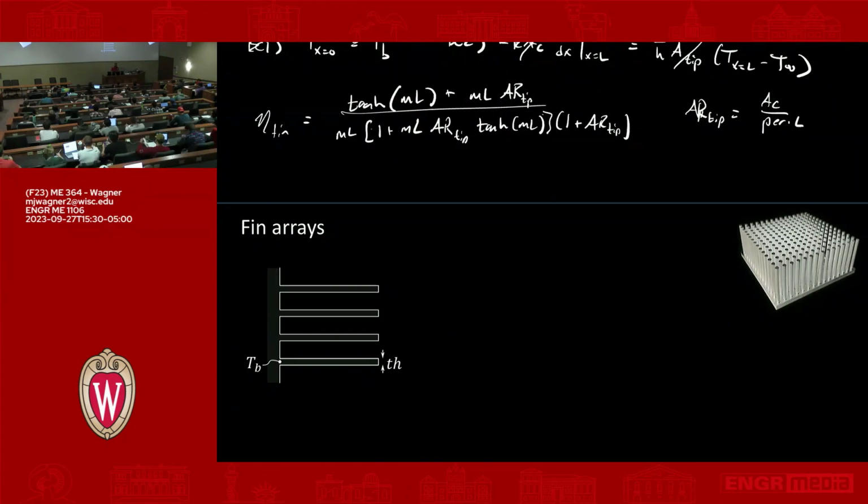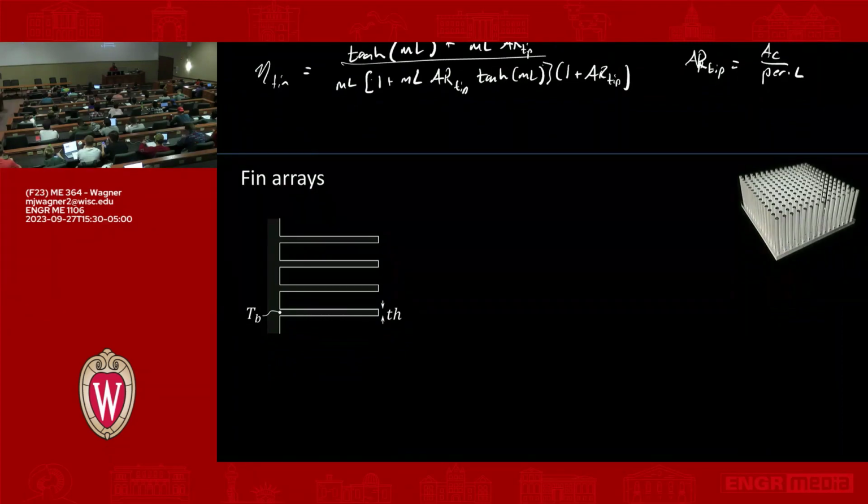One thing I want to say is when you're developing a fin array model, what you're trying to do is create a resistance network. The resistance network usually includes conduction across the base, and then the heat rejection into each of the fins individually. So if we were to draw a resistance network, I'm going to add something over here because I think it's important.